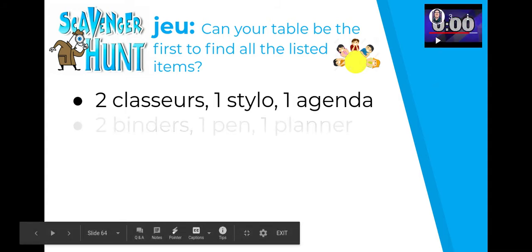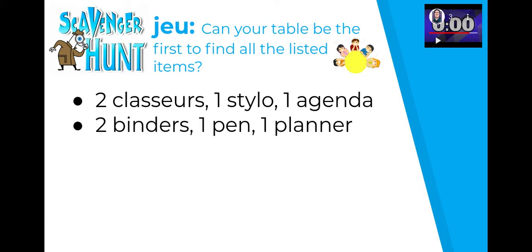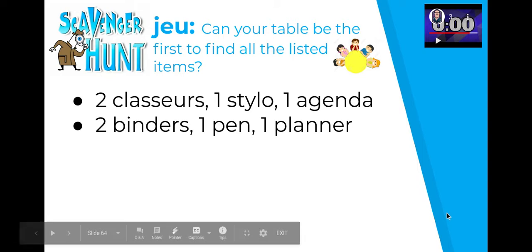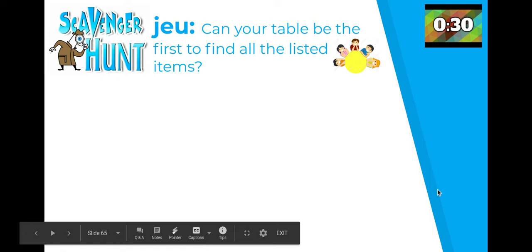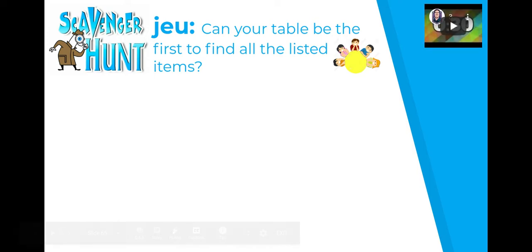Okay. You should have 2 binders, 1 pen, and 1 planner. Tables, raise your hands if you got it. Excellent. Très bien. We're going to do one more round. So round 3.